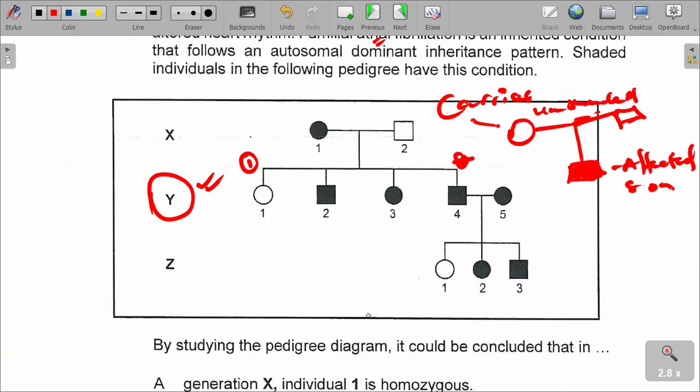So what we are saying is that in an autosomal dominant pedigree, an affected individual comes up in every generation, and therefore in generation Y, individual one must carry one affected or dominant allele and one normal allele, which actually represents a heterozygous condition.